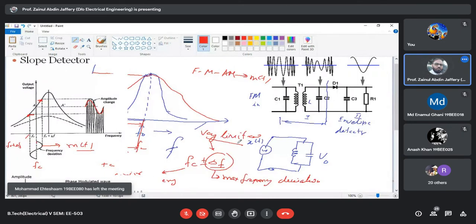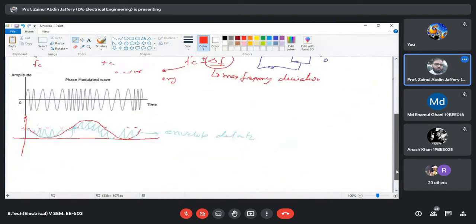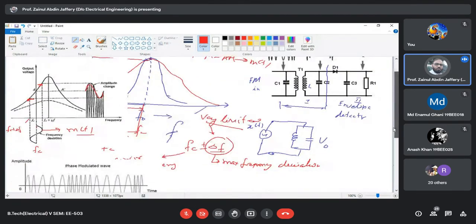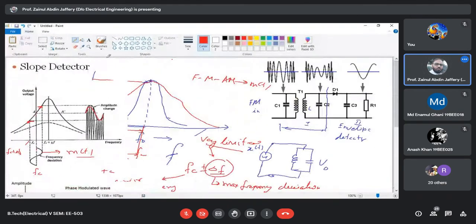That depends on your input voltage as well. So this circuit has very limited application, but of course this forms the basic principle of FM demodulation.